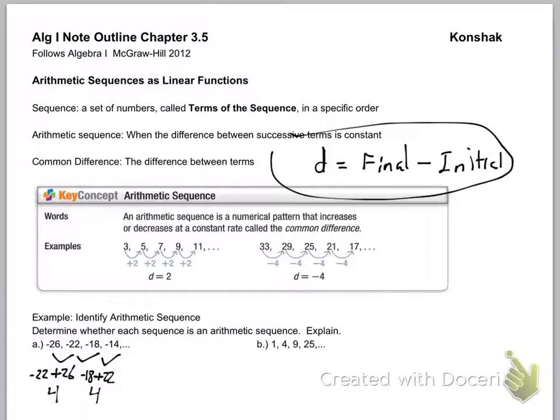And the last one is negative 14 minus a negative 18. So it's plus 4. Does it have a common difference? Yes. So D is equal to 4, and this is a yes. It's an arithmetic sequence, right?